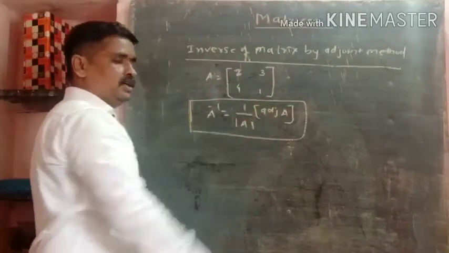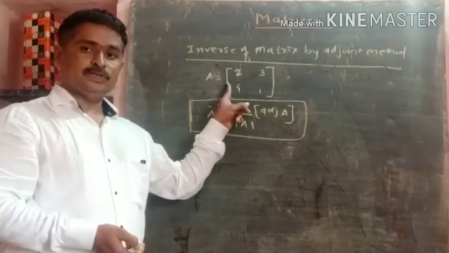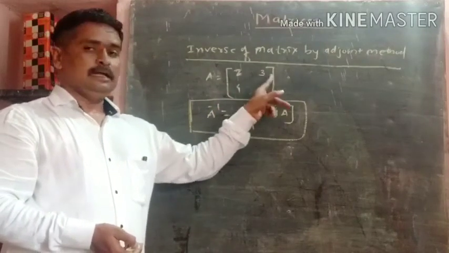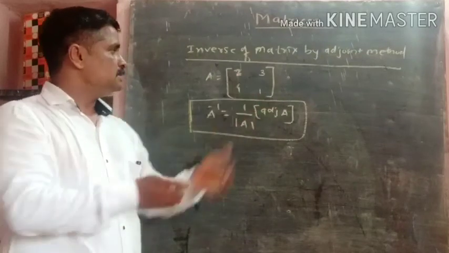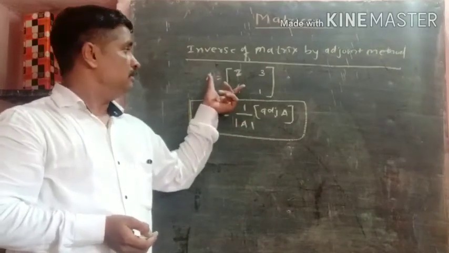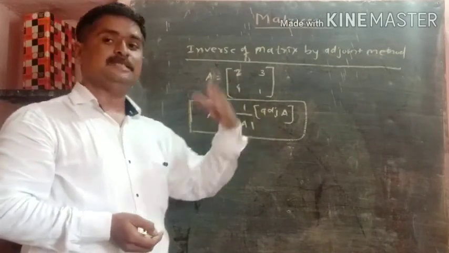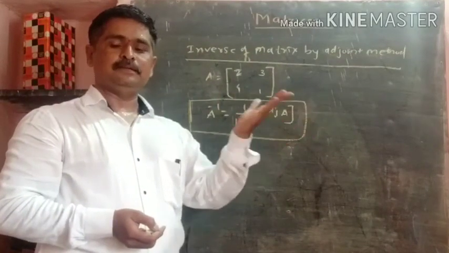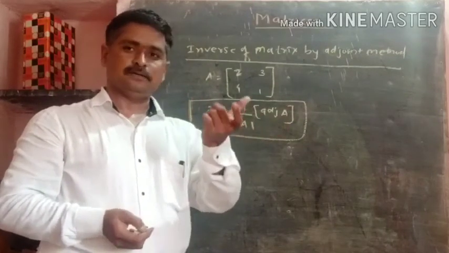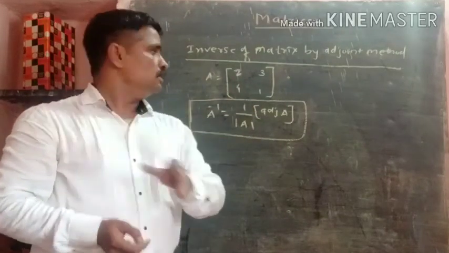So what is adjoint of A? Adjoint of A is nothing but if we obtain the cofactor of each number and we write it in a matrix, and if we transpose this matrix, that means a column is transposed into a row, that means the first column transposes into the first row, the second column transposes into the second row.